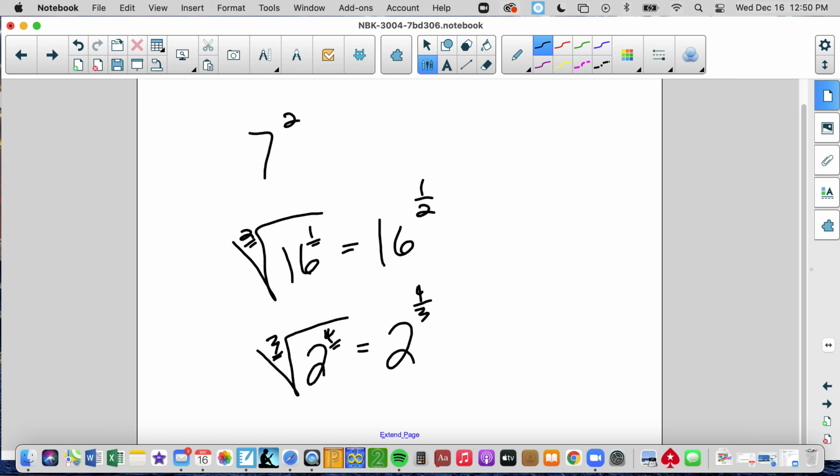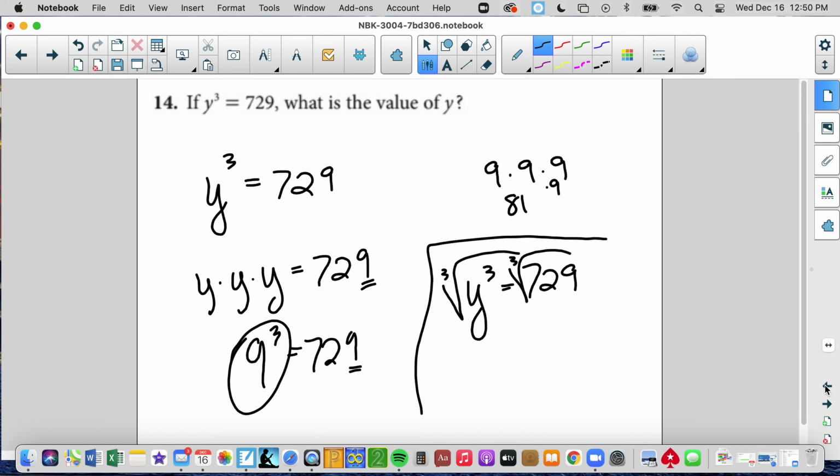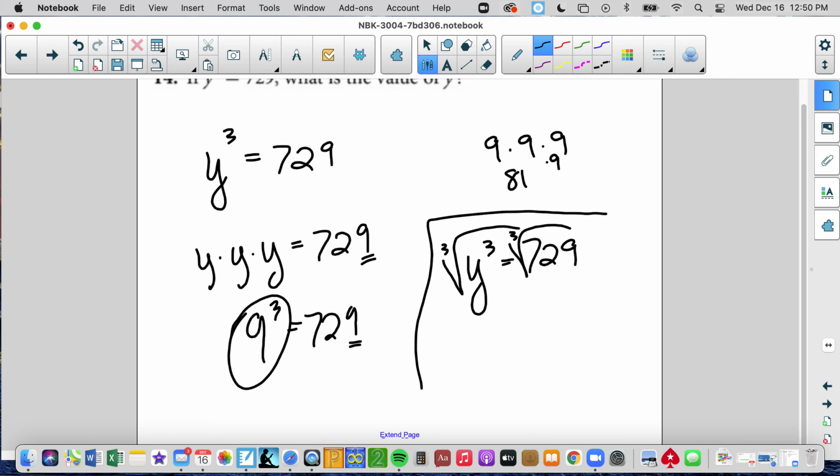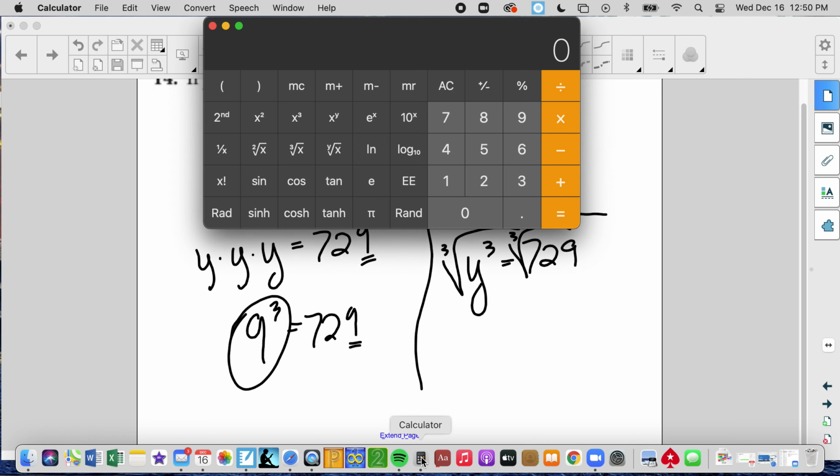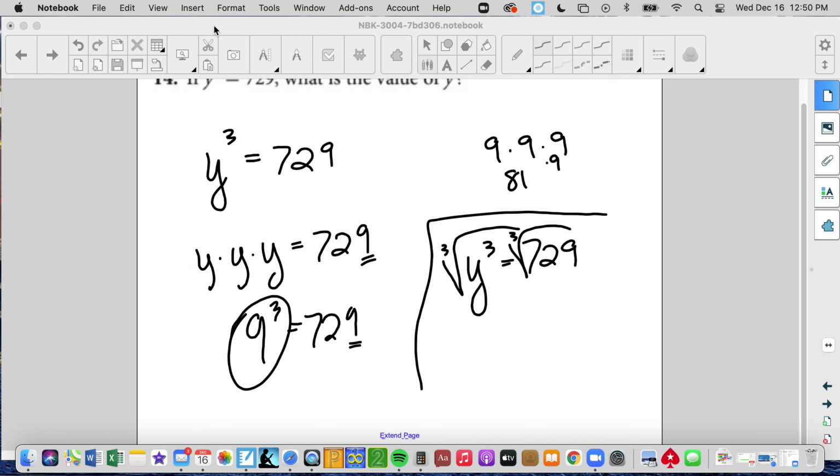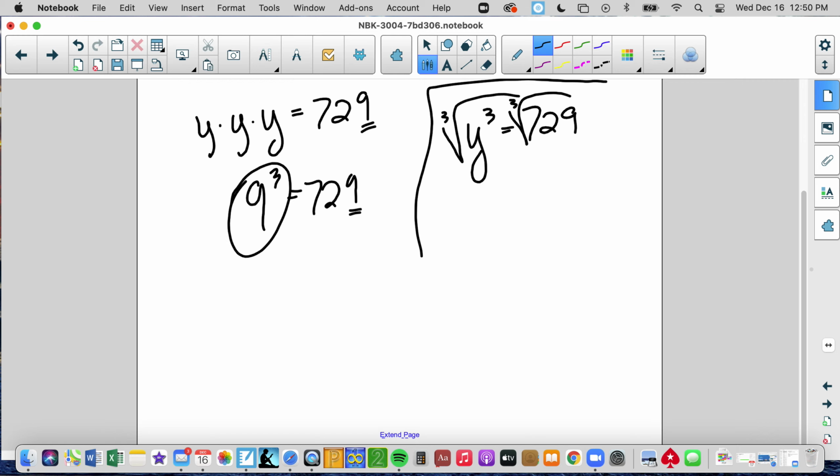Just an interesting way of seeing powers, or writing roots as powers. But if your calculator can't take the third root of something, oh, it does have a third root. So you could have just done 7, 2, 9, cube root, that gives you 9. But let's say we wanted to know y to the 5th equals some value, right?